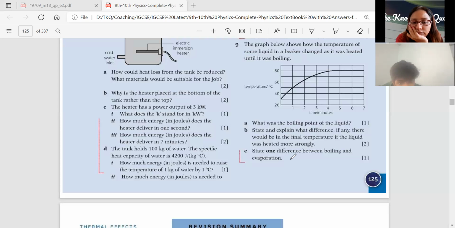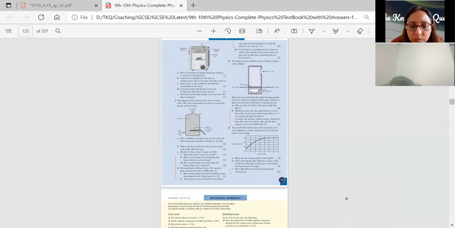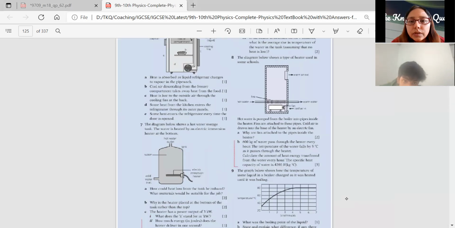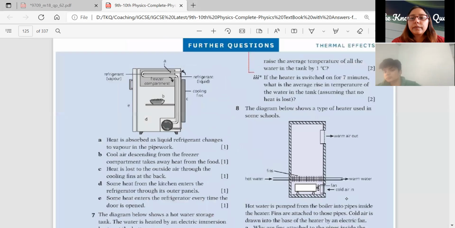How much energy in joules is needed to raise the average temperature of all the water in the tank by 1 degree Celsius?